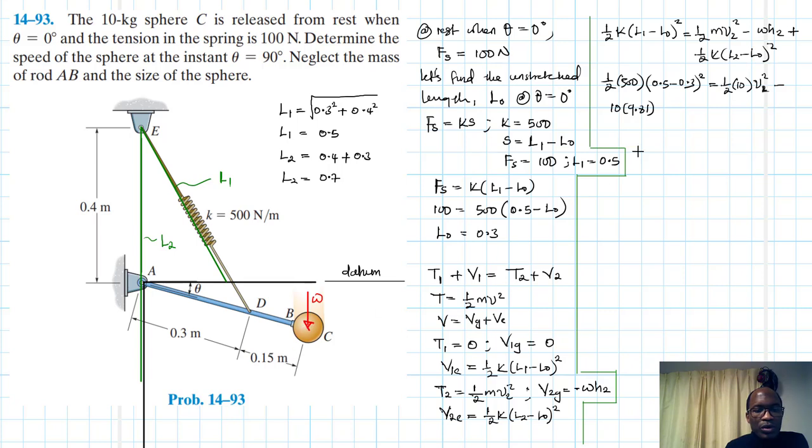For this ball, with reference to our datum, it is 0.3 plus 0.15. And half of 500 times 0.7 minus 0.3 squared.